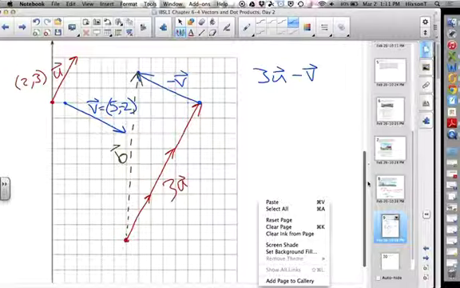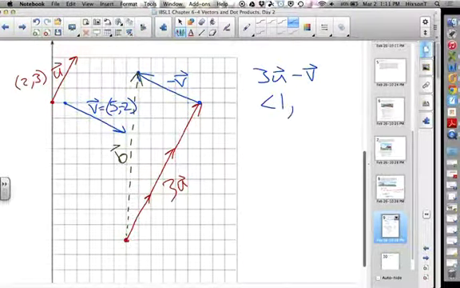Now I can look at the graph and say, okay, I went over 1, and then I went up 1, 2, 3, 4, 5, 6, 7, 8, 9, 10, 11. I didn't have to figure it out algebraically. No, you did not need the coordinates in your answer. I just told you to construct it, draw it and label it.